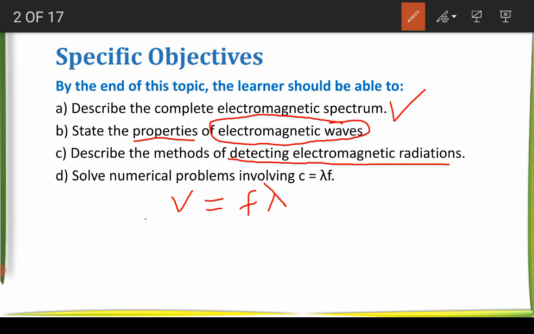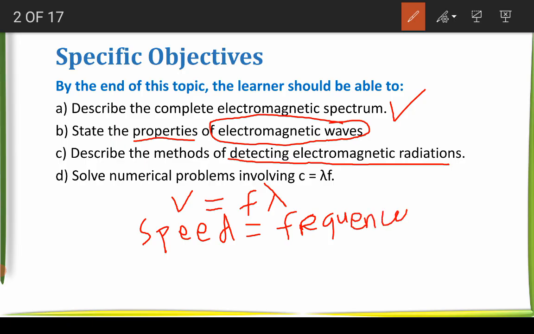That's the speed of a wave is equal to its frequency multiplied by its wavelength. So you're familiar with this one.